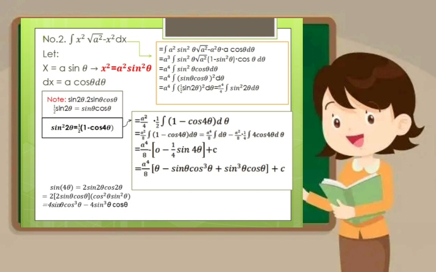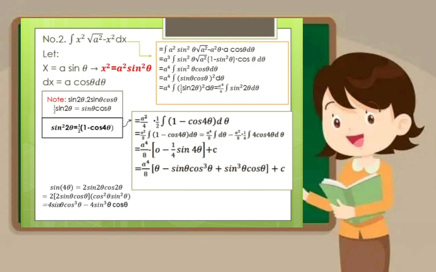This can be simplified into a³ times the integral of sine squared of theta times the square root of a² minus a² sine squared theta. Then we have a² as a common term: a² times 1 minus sine squared of theta, and then we have cosine of theta d theta.